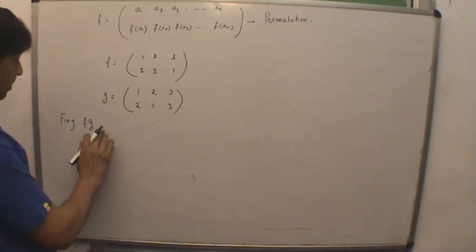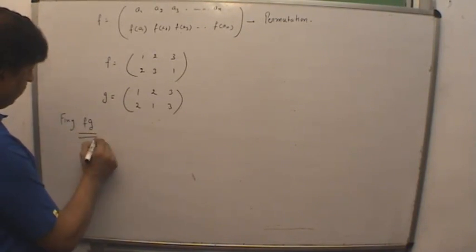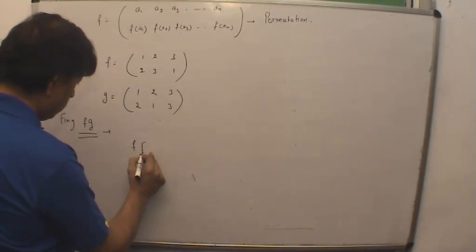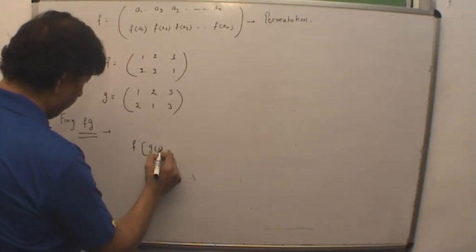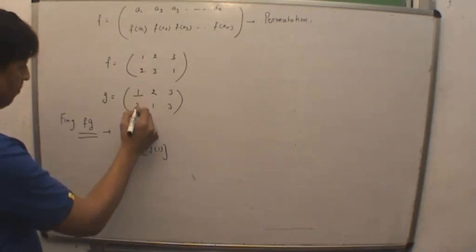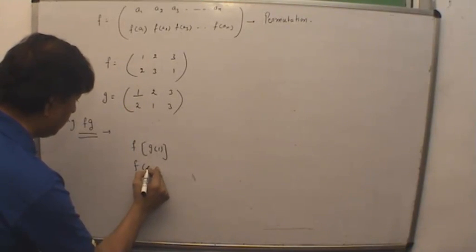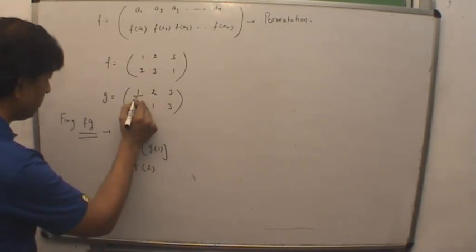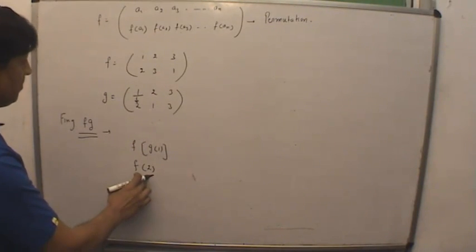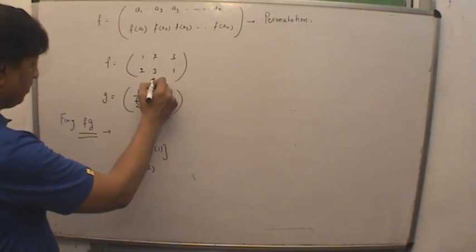F of g. For this we start with g. F of g of 1. What is the image of 1 in g? The image is 2. Then in f, we see the image of 2 is 3.